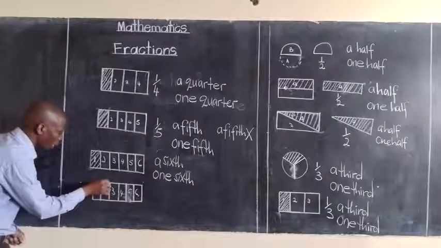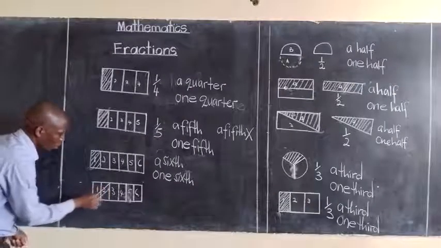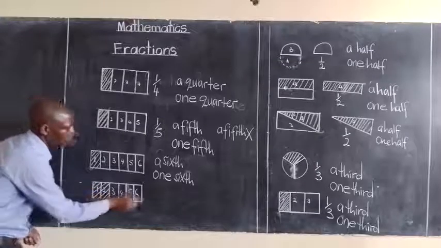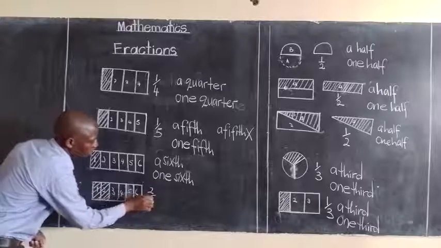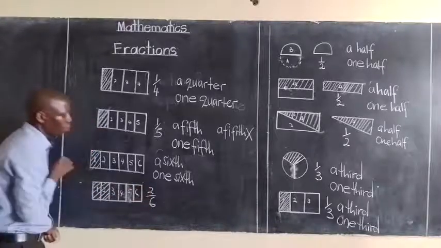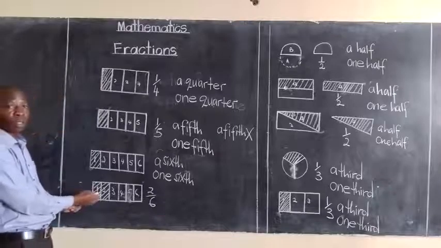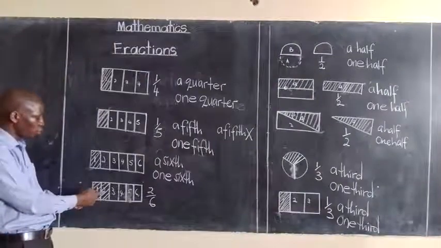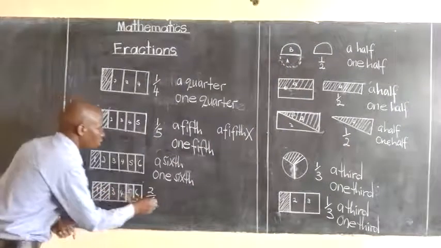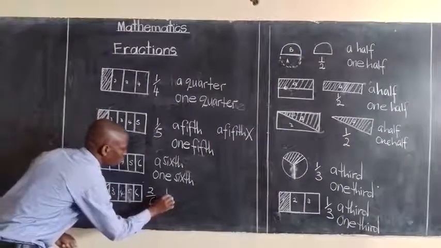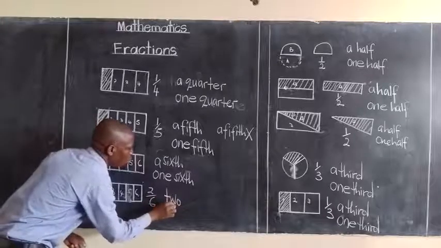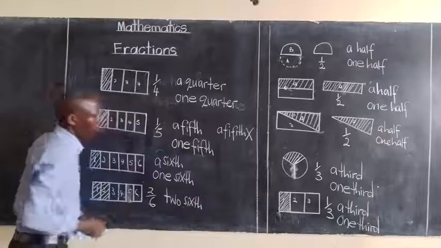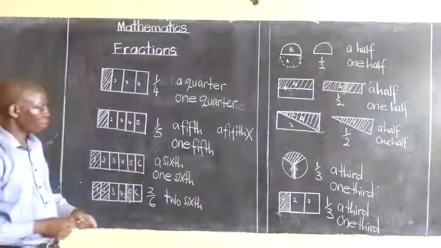If we cut these 2 parts, then this one will be 2 out of 6. We have removed 2 parts, and therefore we can call this one 2 out of 6, which is written as 2/6.